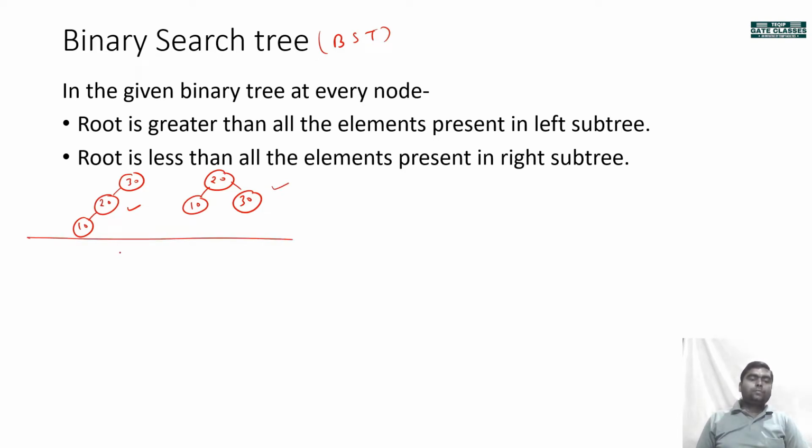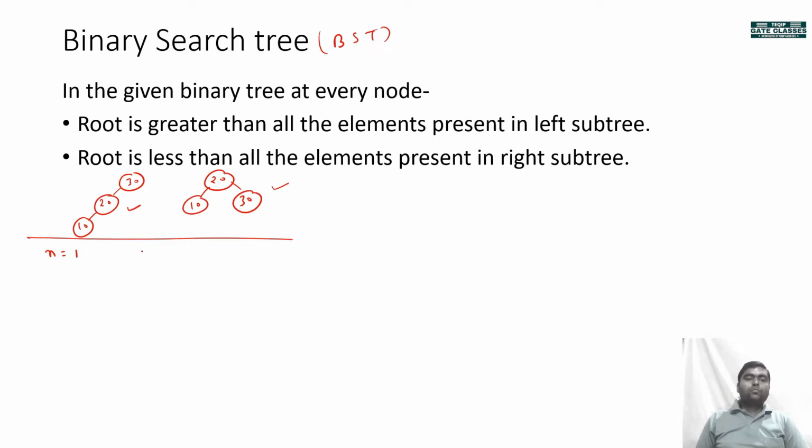Now the question here is: given the number of nodes, how many such binary trees are possible? How many such BSTs are possible with n nodes? So let us solve this particular problem. Let us suppose n equals 1.